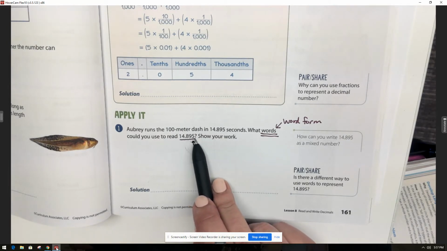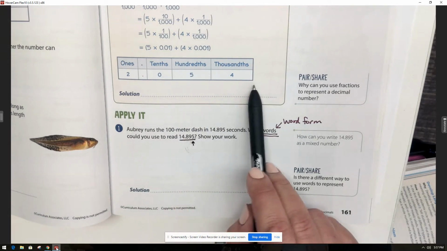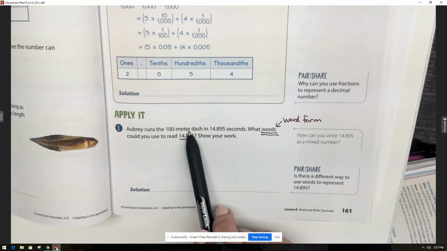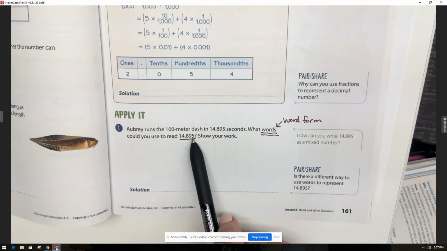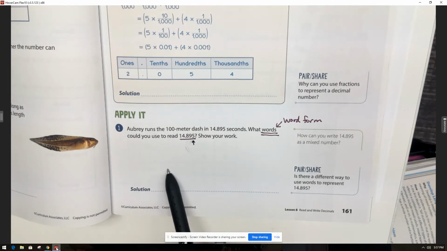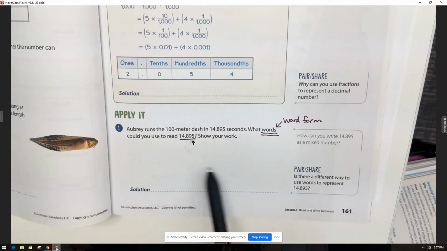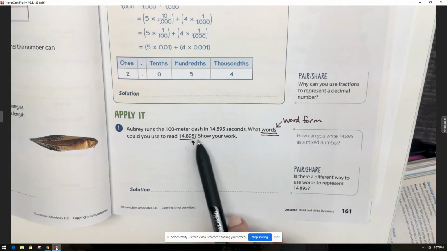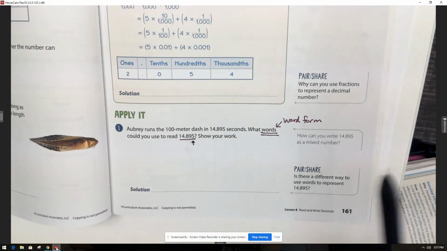Or like the one all the way to the right, remember in your place value chart, it's going to be all the way over here. And then you're going to write this number all together and then the place value. So you should have a whole, something that means a decimal point, and then the number all together, and then the place value.